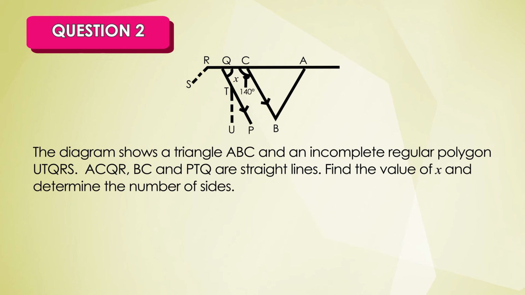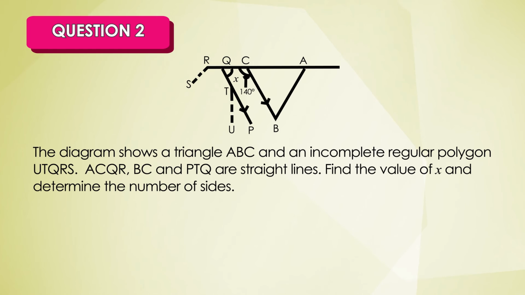Question 2. The diagram shows a triangle ABC and an incomplete regular polygon UTQRS. ACQR, BC, and PTQ are straight lines. Find the value of x and determine the number of sides of the incomplete regular polygon.